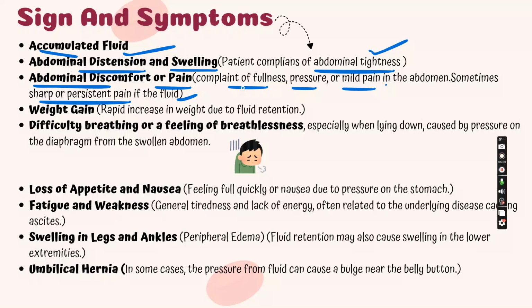If we do the inspection of the patient and lift up the t-shirt or the top, we can see prominent veins, because the abdomen has distended. Here is the navel, and here are the veins. We can observe this type of pattern there. Obviously there will be a pot belly or the fluid accumulation.